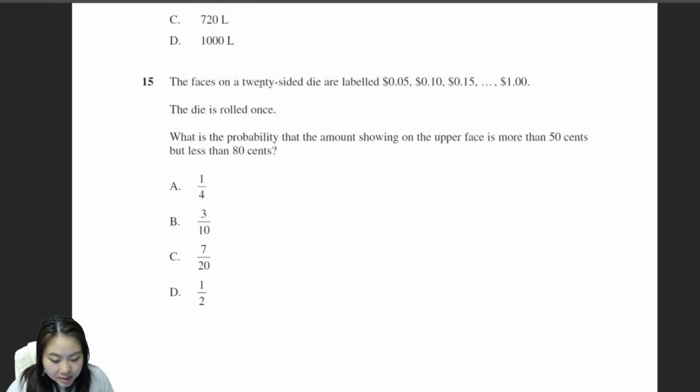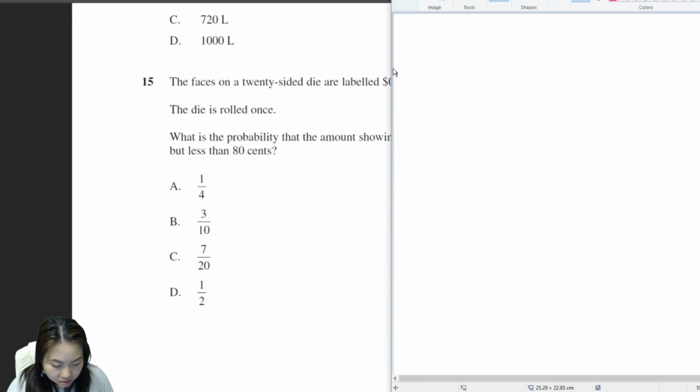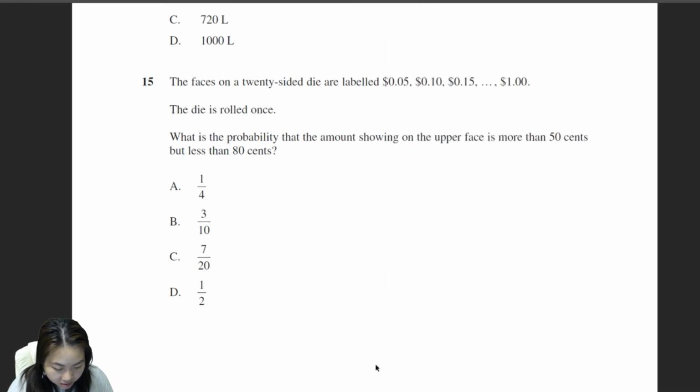15. The faces of a 20-sided die are labeled 5 cents, 10 cents, 15 cents, all the way up to $1. The die is rolled once. What is the probability that the amount showing on the upper face is more than 50 cents but less than 80 cents? To be honest, I'm just going to write everything down.